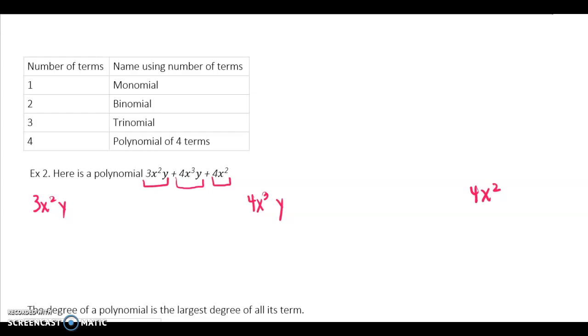So to find the degrees of each one of these terms, so 3 terms, right? We just add the exponents. So this one would be, there's a 1 there, degree 3. This one would be degree 4. And then this one, there's only a 2 there, so that would be degree 2. Now, the degree of a polynomial is going to be the largest degree of all its terms.